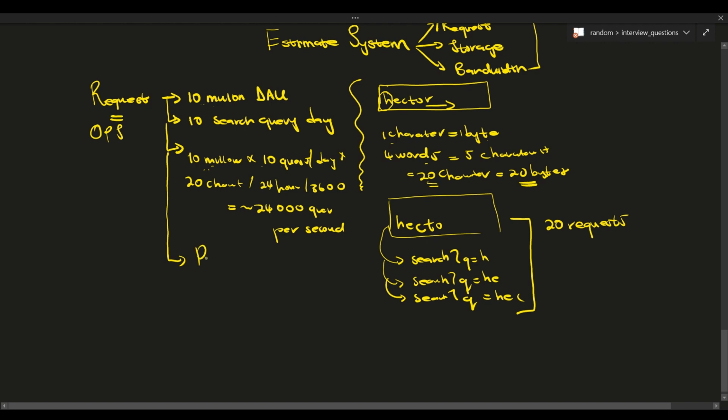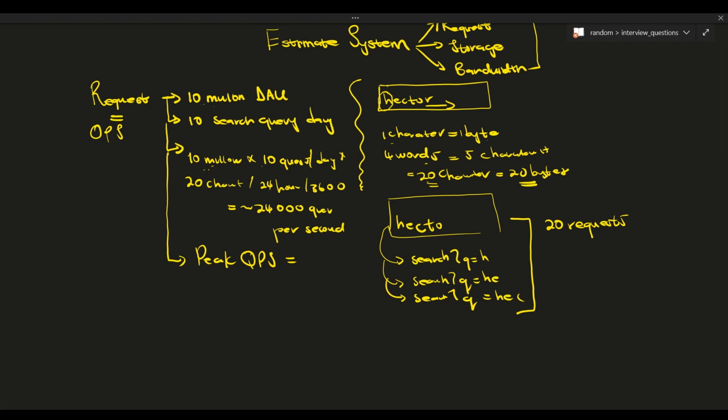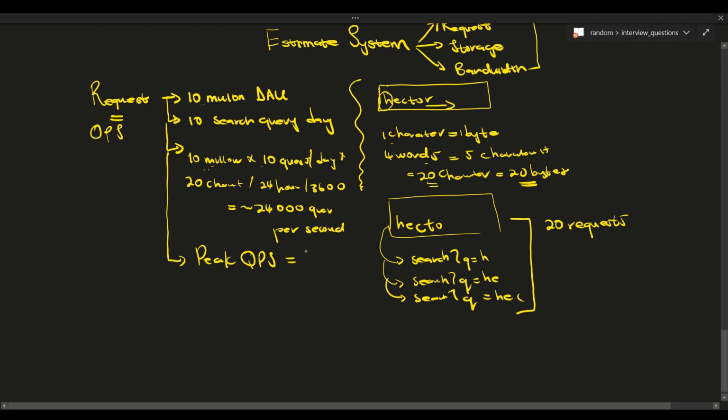Then we can assume the peak query: you always multiply the query per second by 2. This is to say that at the peak, there's a certain time period within a day when people search more, maybe around 12 o'clock midday, because people are busy at that time.